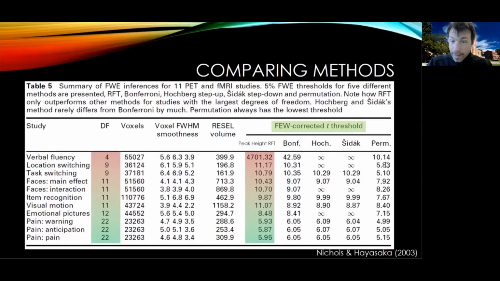And it's not necessarily directly proportional to the degrees of freedom, as you can see here. For example, the threshold for 9 degrees of freedom just happens to be lower than the threshold for 11 degrees of freedom. But in general, the permutation approach always gives you smaller critical T values, which also means a more sensitive analysis.